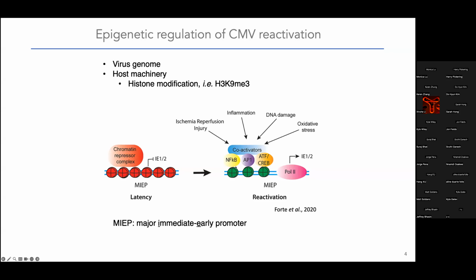This type of protein includes NF-kappa B, AP1, CREB, which have long been known to be involved in inflammation, DNA damage, leukemia, reperfusion injuries, etc., which means when the host is under stress, the CMV will become reactivated. This is the mechanism we know in CMV reactivation from histone modification studies like K9 trimethylation and K27 trimethylation. But we want to know about DNA methylation's role in this process.